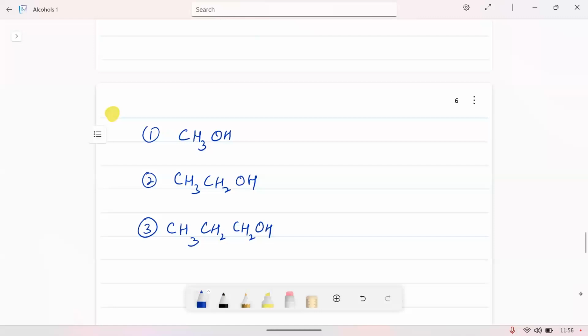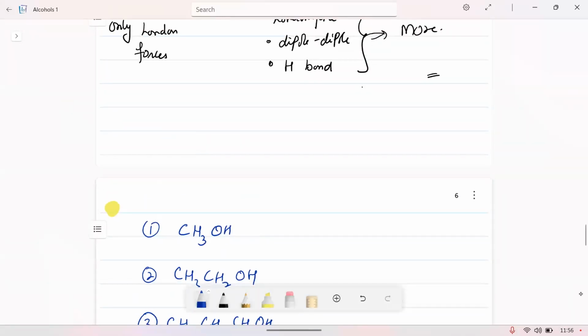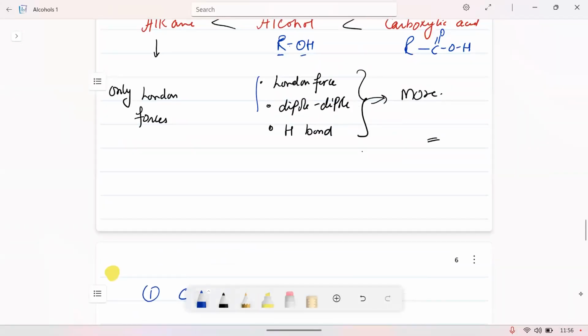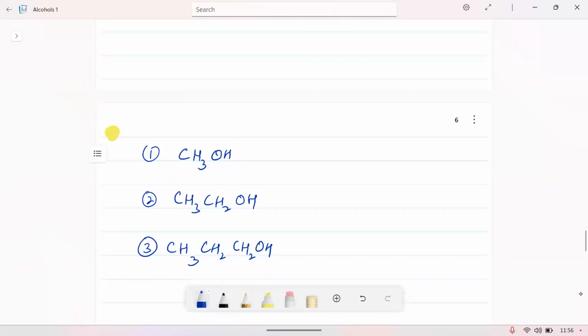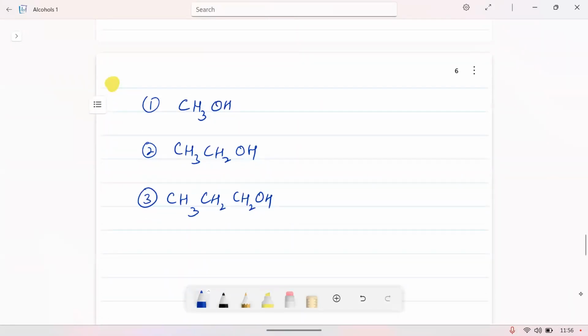All of them will have the same type of intermolecular forces. But in this case, what happens is, in here, there is the least molecular mass, while in this case, the maximum molecular mass.